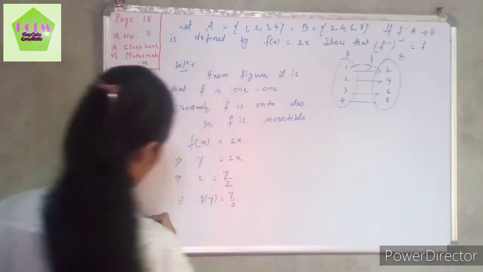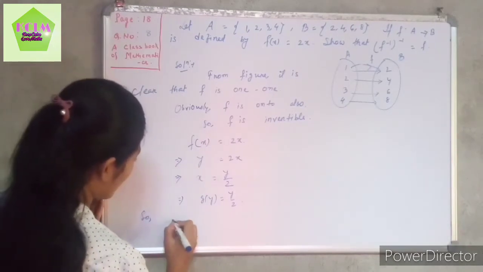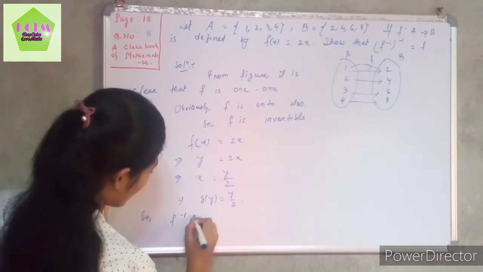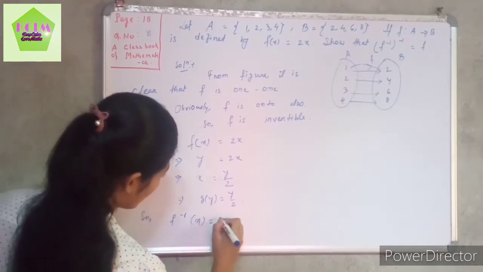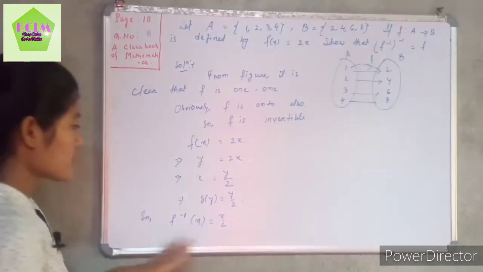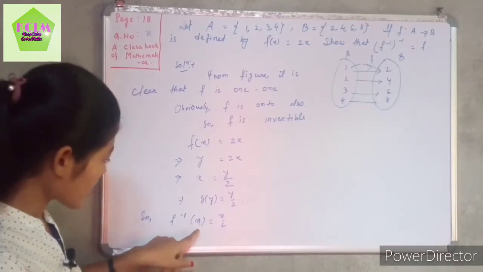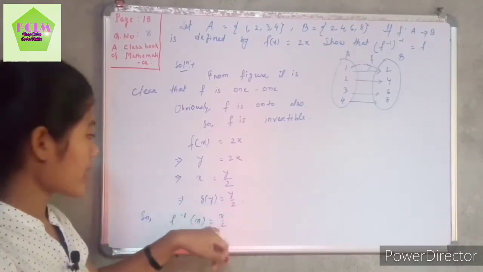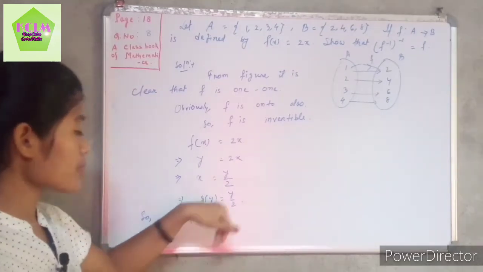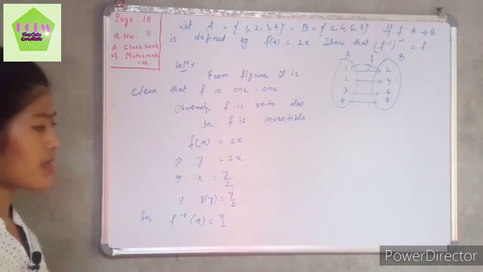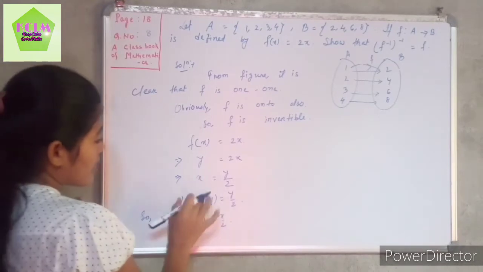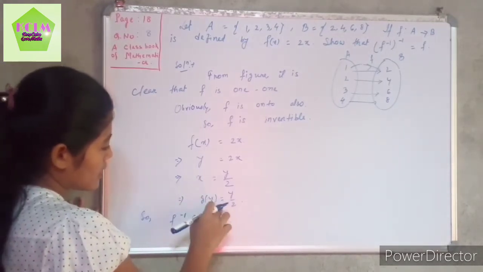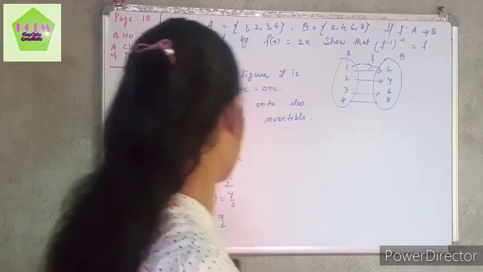So f inverse of x equal x by 2. Since we have taken the element x, we can replace y by x, this is a variable, so we can change it. Since here g of y, in terms of y, we have written, so g of y equal y by 2.